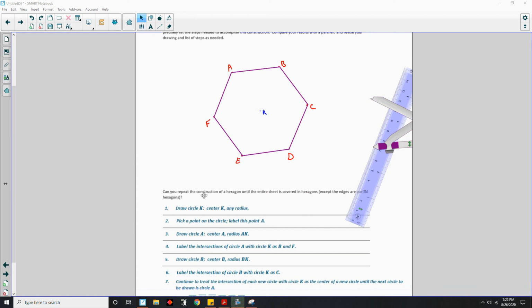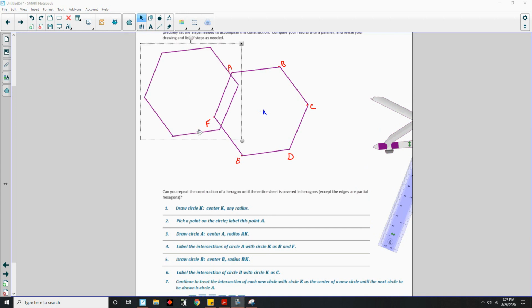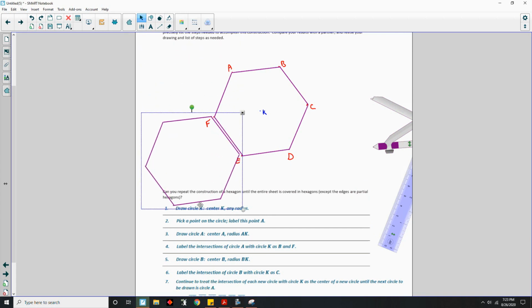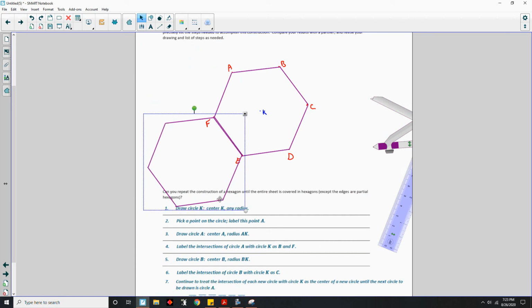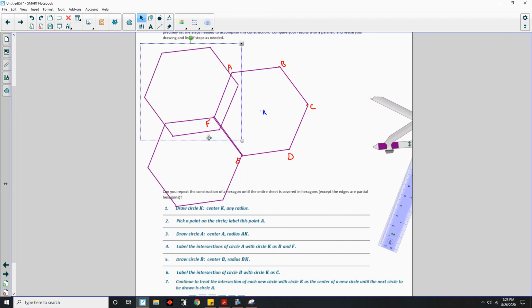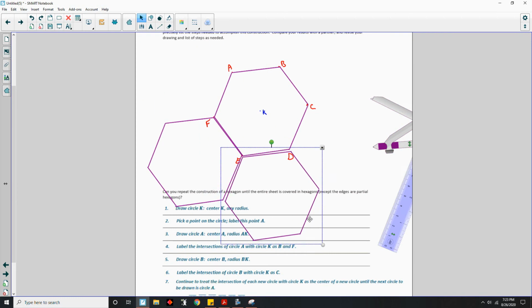Now it says here, can you repeat the construction of a hexagon until the entire sheet is covered in hexagons, except the edges are partial hexagons? So what they're asking is, let me do this. Okay, so what I did there was I copied it. If I brought this down and just set that right there, there it is. Do another one, bring that here.